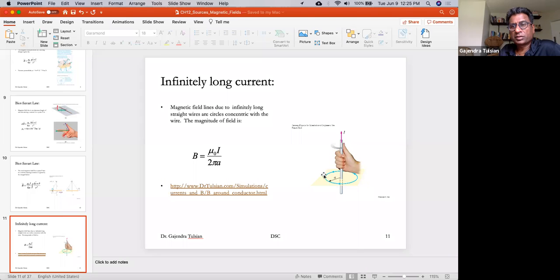The field due to a straight long wire has circular field lines. The strength of the magnetic field is mu0 I divided by 2πa. And again, to get the direction of the magnetic field, use your right hand, stick your thumb out in the direction of the current, and your fingers point in the direction of the magnetic field.